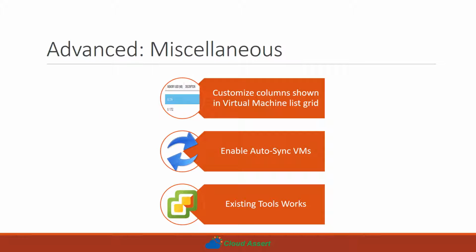What we have added recently is you can enable auto sync, which means any virtual machine that is provisioned outside of this Azure Pack plus vConnect ecosystem can be onboarded automatically into Azure Pack and vConnect. For example, if you have an existing process to create VMs based on a runbook or based on a manual workflow, those VMs may be created in VMware vCenter but may not appear in vConnect.